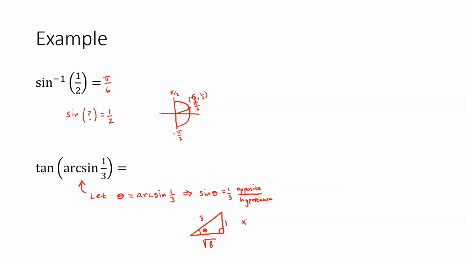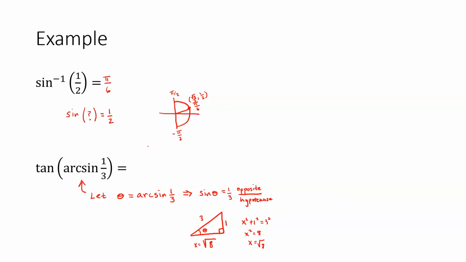So we were just basically solving this Pythagorean theorem equation, which gives us the missing side. So x squared plus 1 equals 9, so 9 minus 1 is 8. So x is the square root of 8.